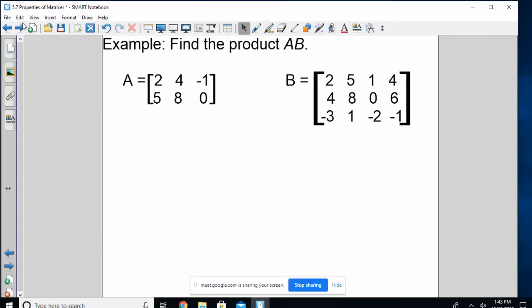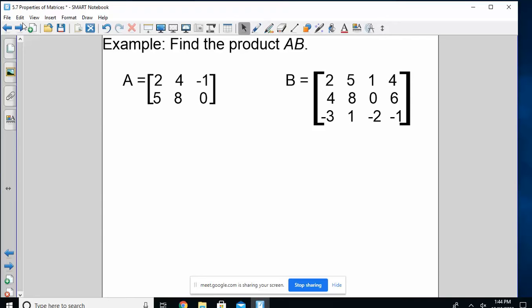So first, row 2 times column 1. 5 times 2 is 10. 8 times 4 is 32. 0 times negative 3 is 0. We get 42. Row 2, column 2.